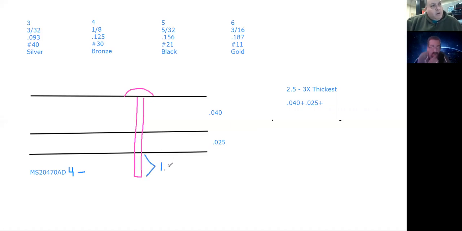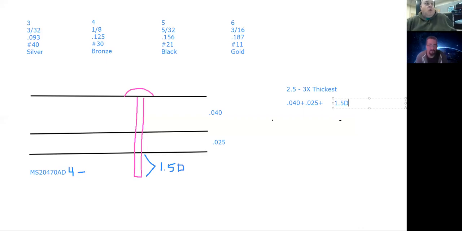Because we know that when we drill a number 30 hole and put in a 4 rivet, before we squeeze it or pound it, there should be 1.5 D sticking out the bottom. So our formula becomes the sum of these two sheets plus 1.5 diameter.